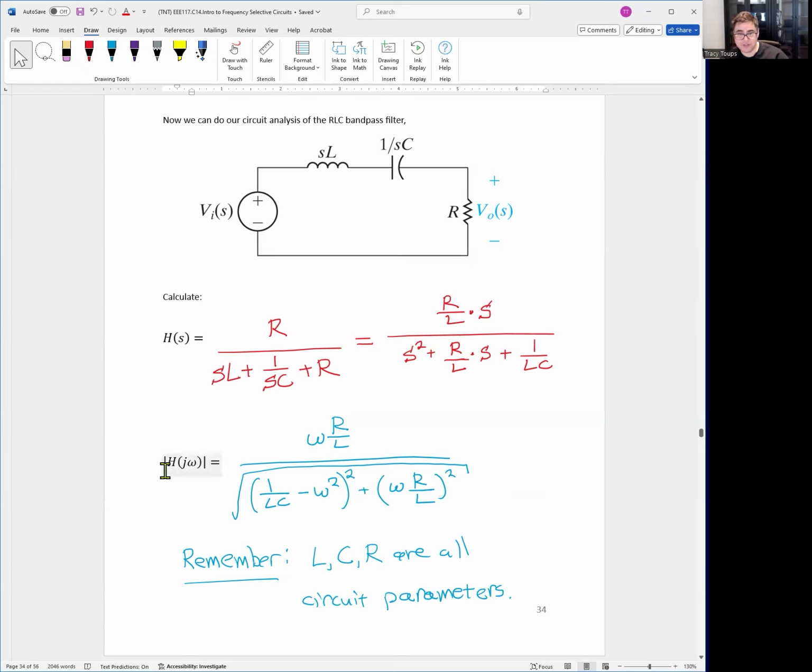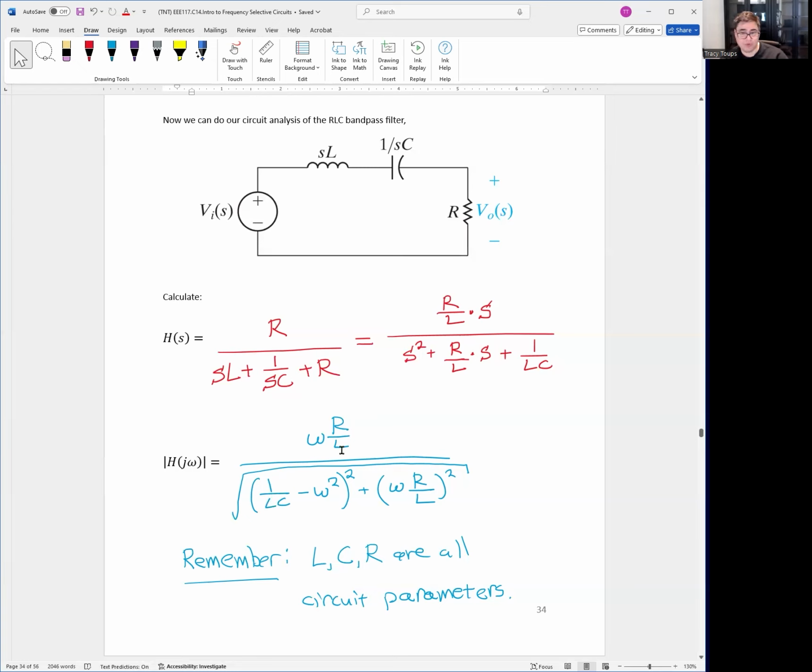This S right here, put in JW, so this will be JWR over L. This is the imaginary part, so you just square the imaginary side and take the square root. Okay, so plug in JW and do your magnitude calculations. It'll come out to this. Now it looks a little daunting, but remember, when we do circuit analysis, R, L, and C will be known numbers, like maybe 200 and 300.